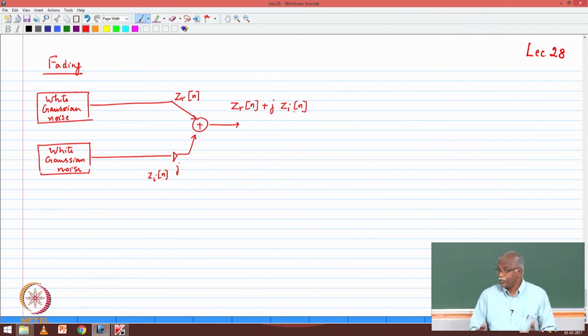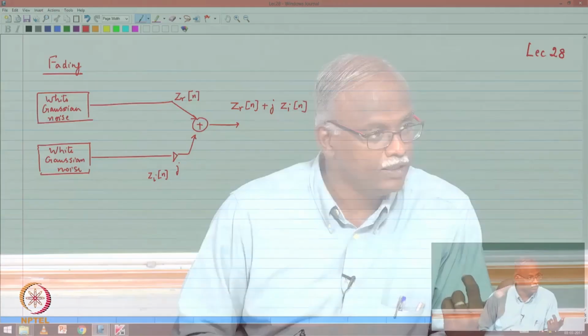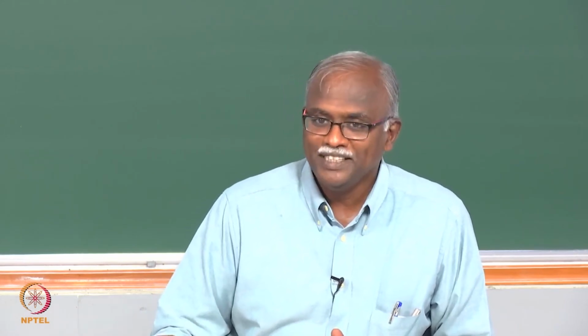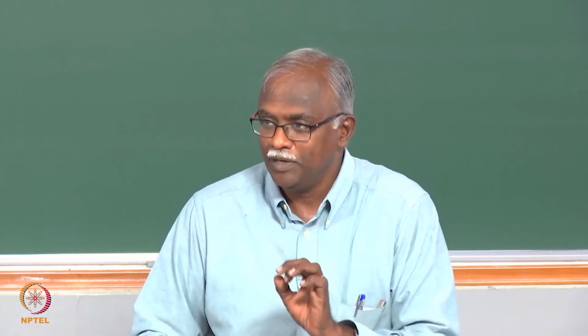Now, I asked the student, are you sure this is the fading channel? He says, absolutely sure. Real part is Gaussian, imaginary part is Gaussian, complex Gaussian, I add the two together, and by the way, this has a Rayleigh envelope. Anything missing? Delay is moot. This is for a single tap, frequency flat channel.